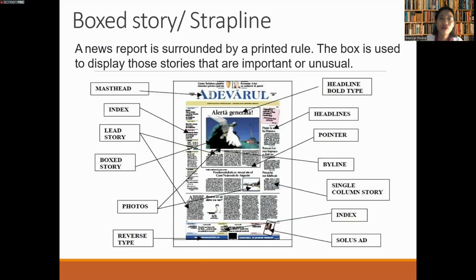Okay, next we have the backstory or straight line. This one is an example of a box story.